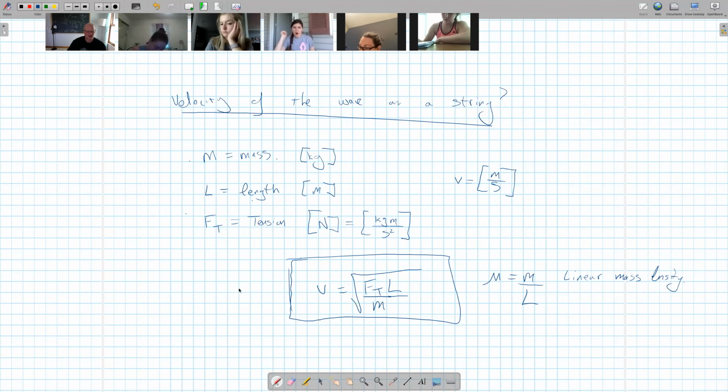Which means we rewrite this as the velocity equal to the square root of the tension divided by the linear mass density. So this is the velocity of the wave on the string.